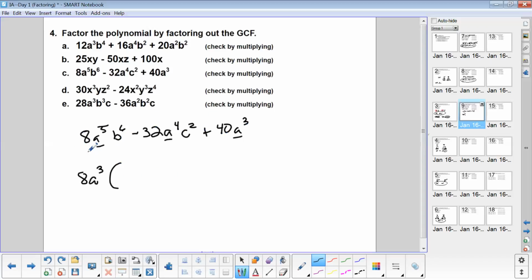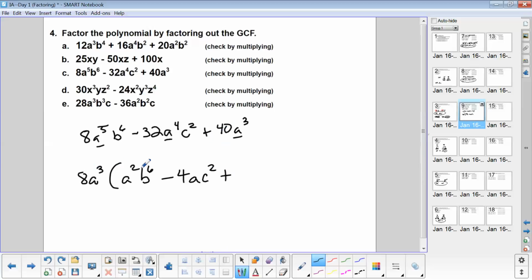And so now we go with our division. 8 divided by 8 is 1. A to the fifth divided by a to the third is a to the second, b to the sixth, minus 32 divided by 8 is 4. A to the fourth divided by a to the third is just a. C squared has nothing to divide out, so we're going to leave that as c squared.